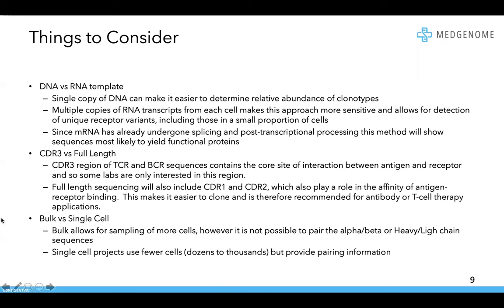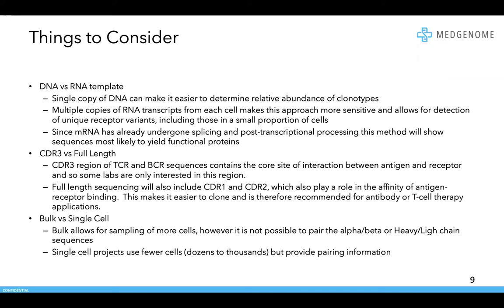And then lastly, something to consider is bulk versus single cell. The main advantage here is that with bulk experiments, you can analyze more cells. You can go on with thousands of cells, millions of cells, and find all of the alpha and beta chains or heavy and light chains.